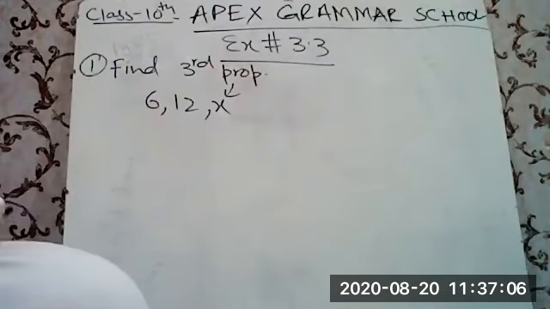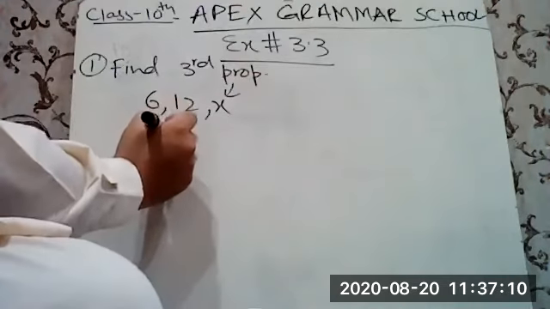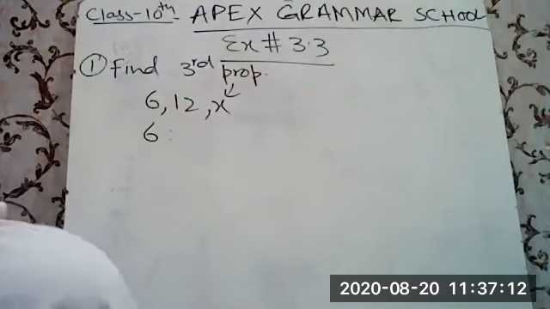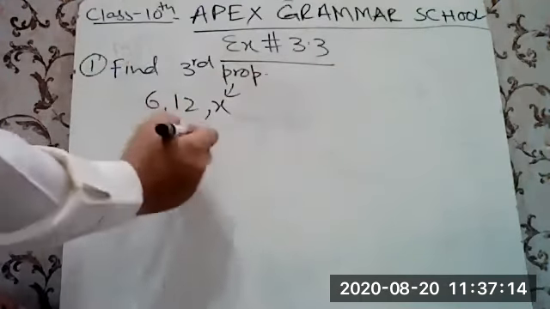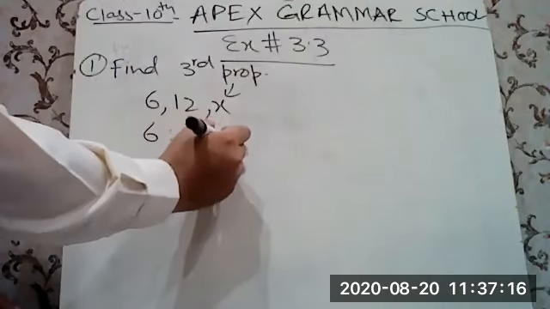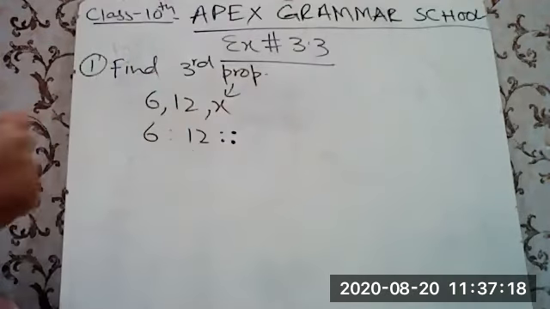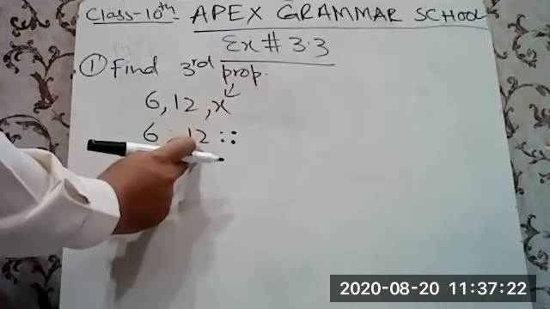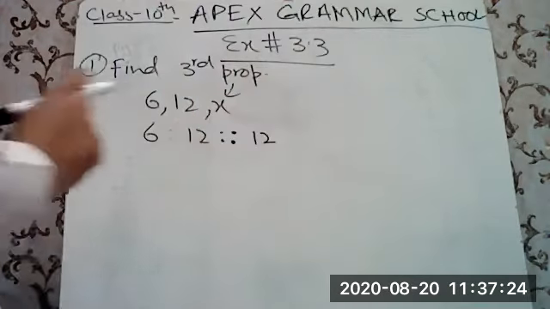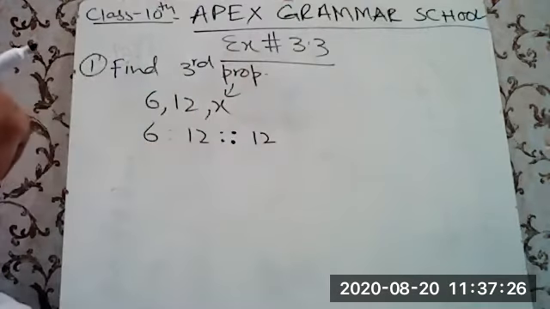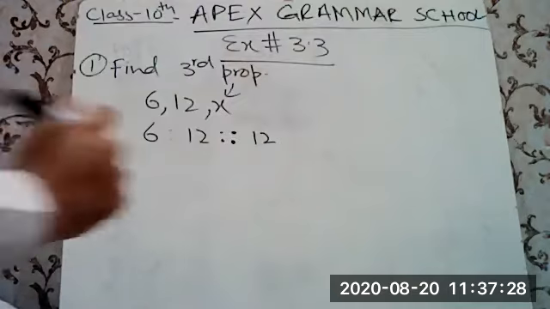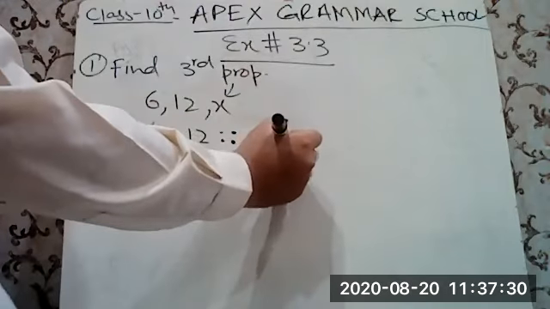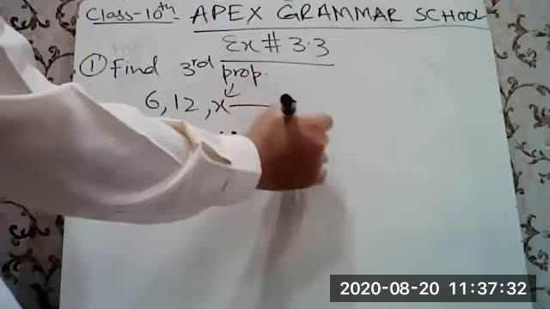Now make the relation between them: 6 ratio 12, then the proportion sign, and then again repeat this digit. The second appears in the third place, and then the fourth will be this x.